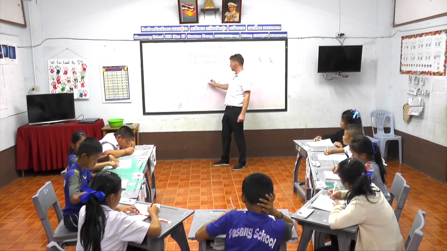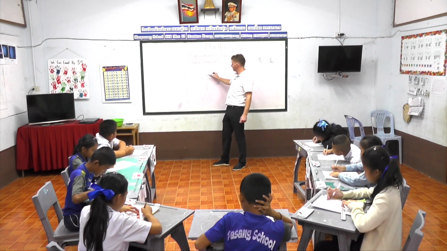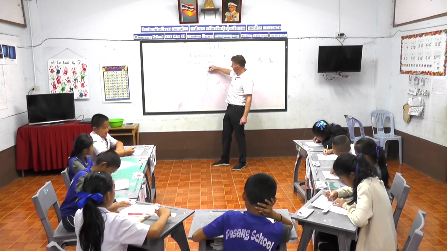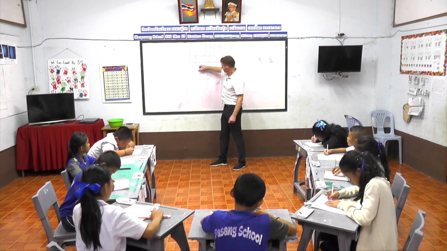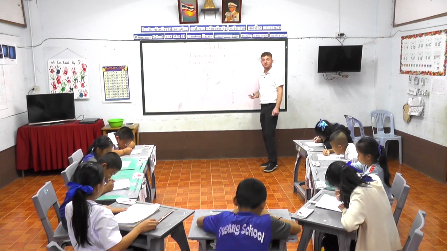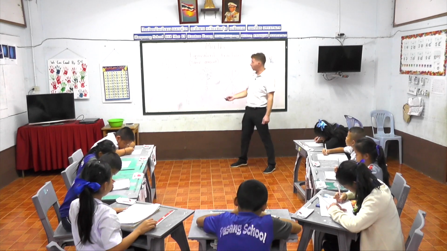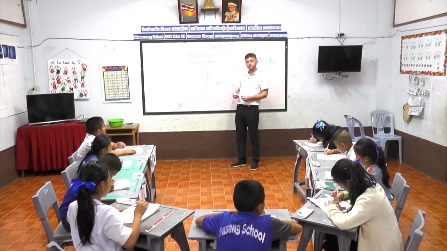Equals 6. So we could do 6 over 8. 1, 2, 3, 4, 5, 6. These two are equivalent fractions. 3 over 4 is the same amount as 6 over 8.